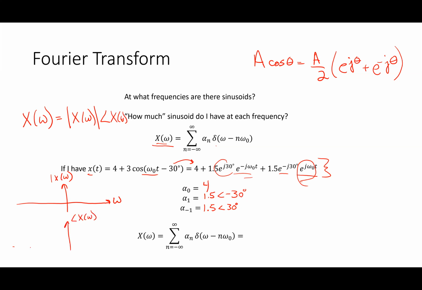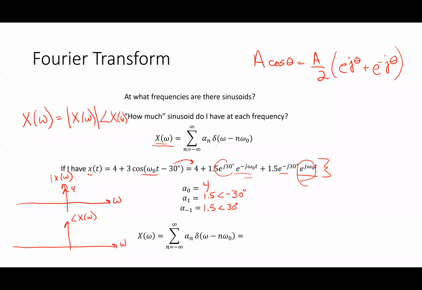So what would I be drawing here? What would I draw for the magnitude? Impulses. Where would I have impulses? How many impulses would I have and where would they be? In this case, you would have 3. Alpha naught would be at the origin, going up to 4.